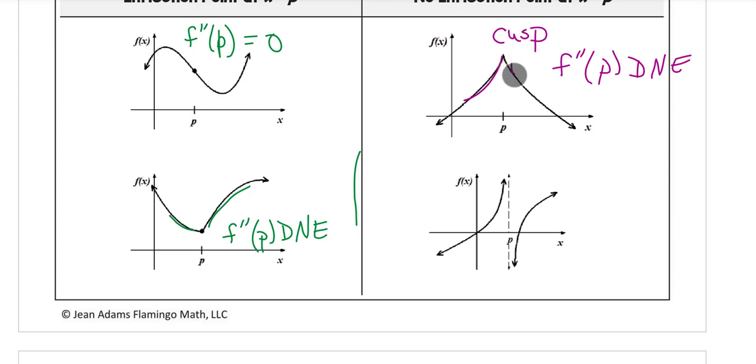It's concave up, concave up, so that is not an inflection point. As well as in the last picture here, we have a vertical tangent line at x equals p. So even though we have a change in concavity here, there's no inflection point.